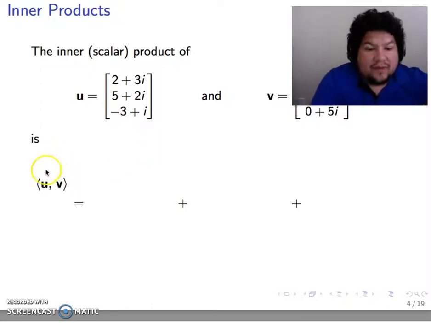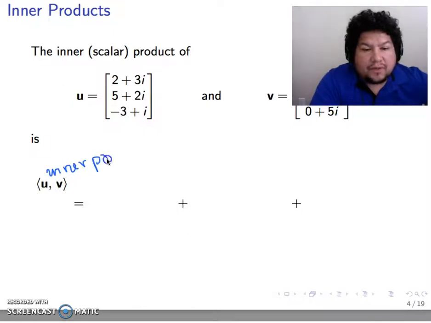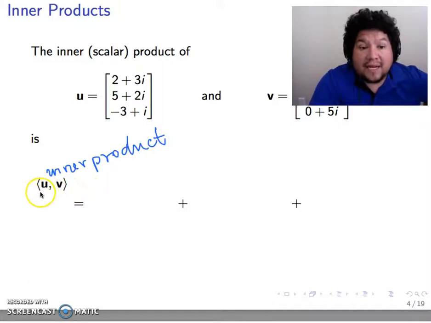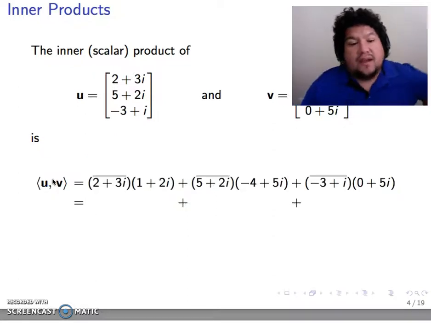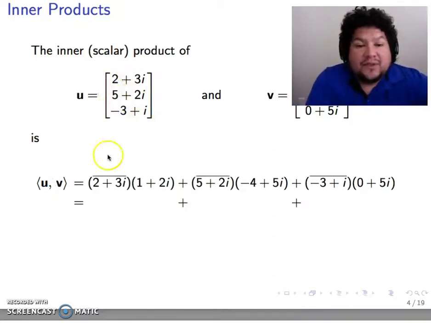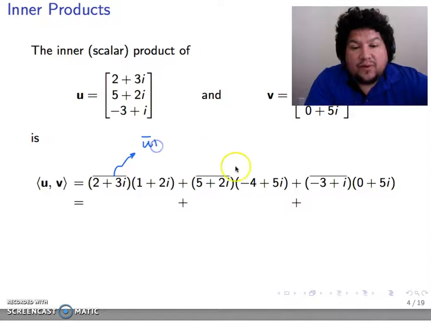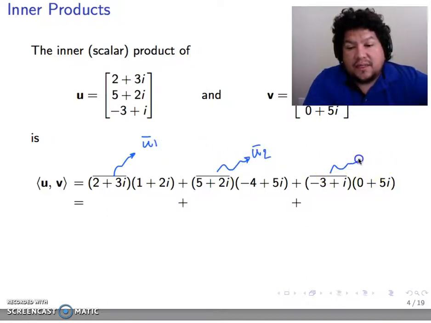So here this is going to be the inner product of u and v in that order. The order of this operator matters. So u comes first. Okay, so let's see how this works out. Because u is listed first, the first thing that we do is list the conjugate of u1, and this denotes the conjugate of the second entry, and this denotes the conjugate of u3.